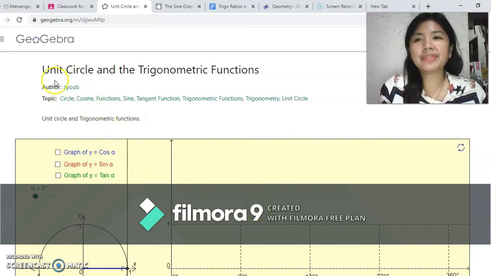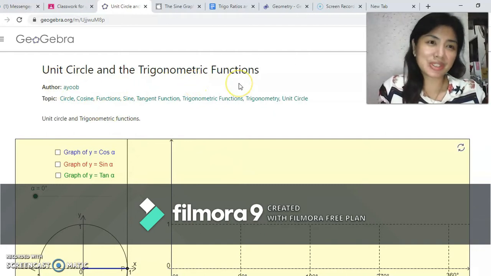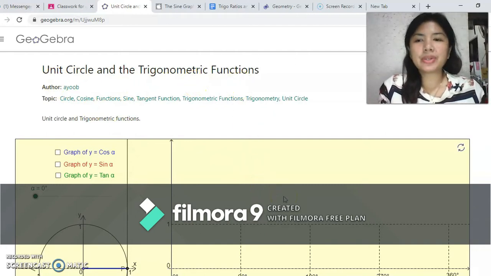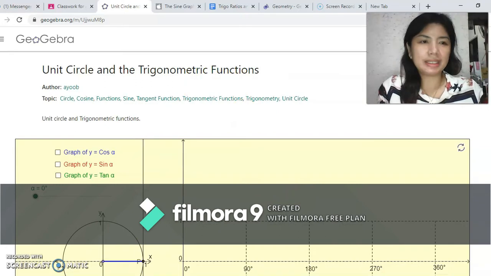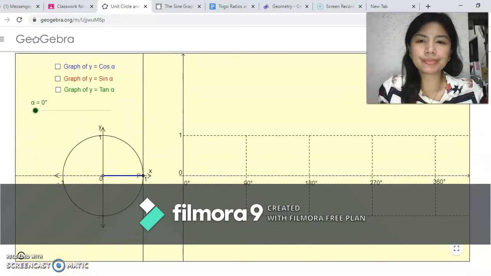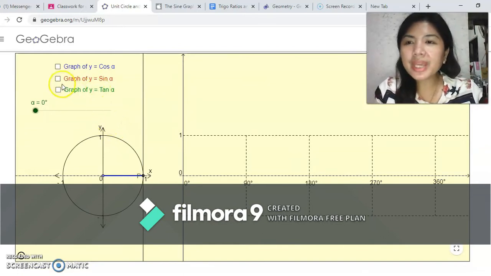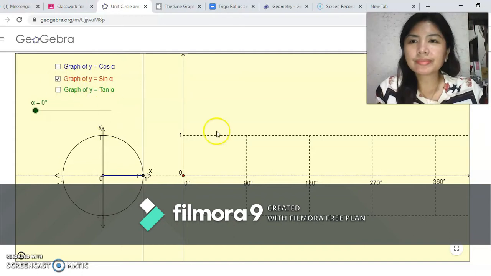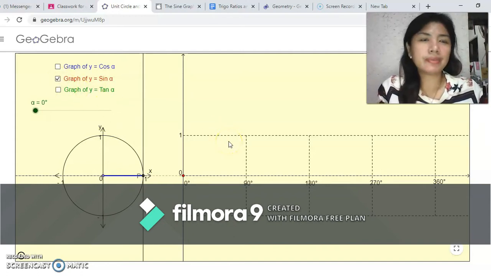So we have the unit circle and the trigonometric functions. So this is a very beautiful build. Alright, and so we have here the graph of the sine function.